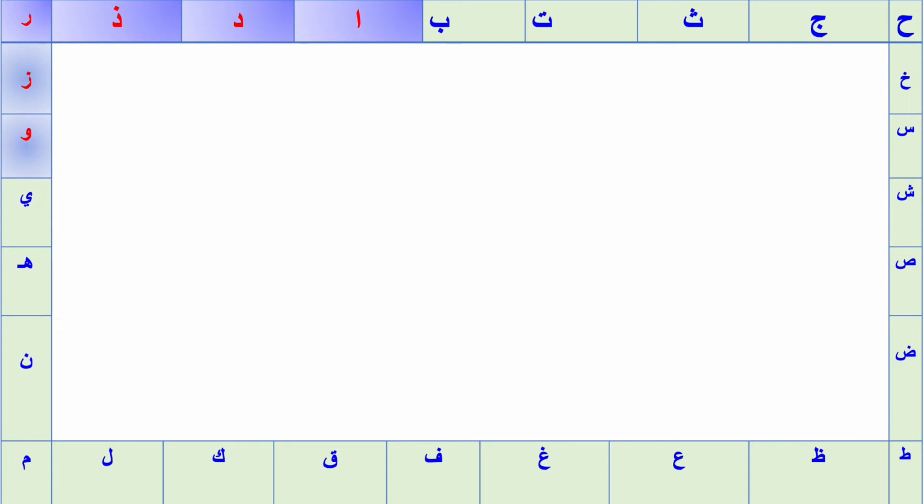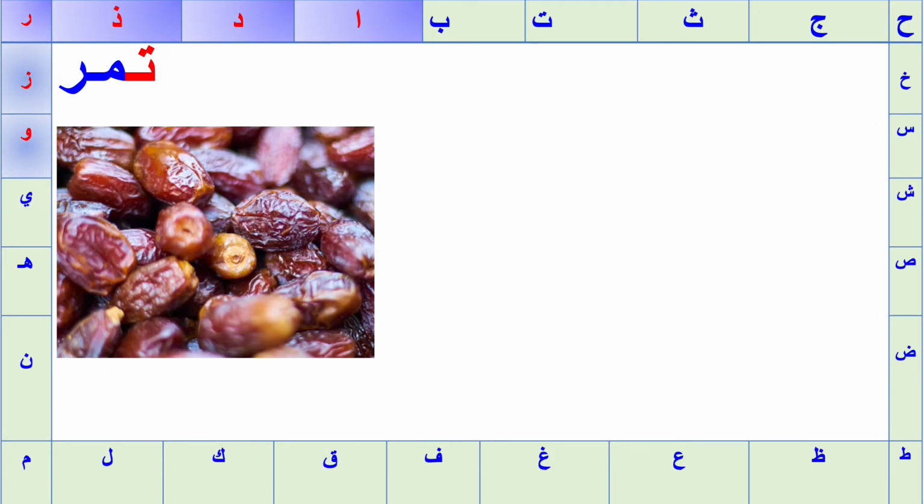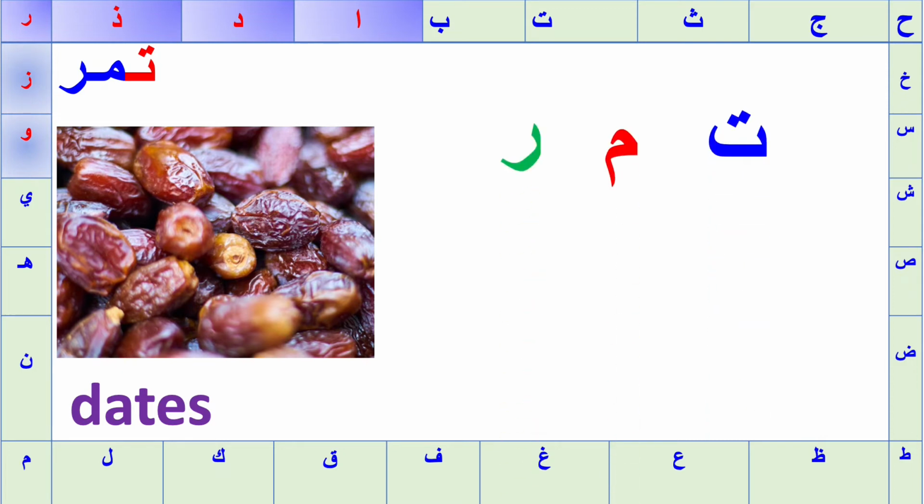One more example of the initial ta is in the word tamr, which is dates in English, this kind of date. So basically we'll go through the component letters of this word, where we have at-ta, al-mim, and ar-ra.